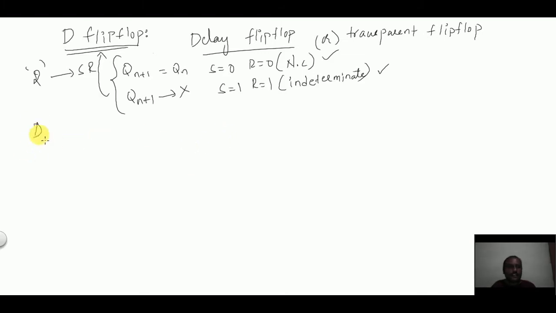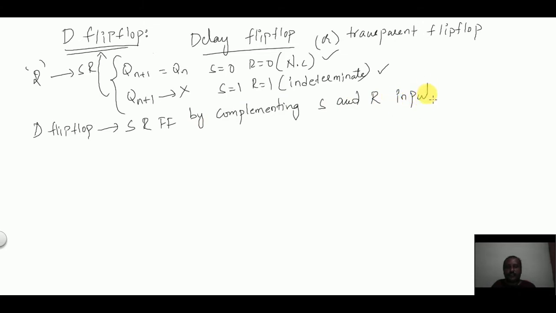Generally, D flip-flop is obtained from SR flip-flop by complementing S and R inputs. Just remember this functionality, then you will understand D flip-flop easily.